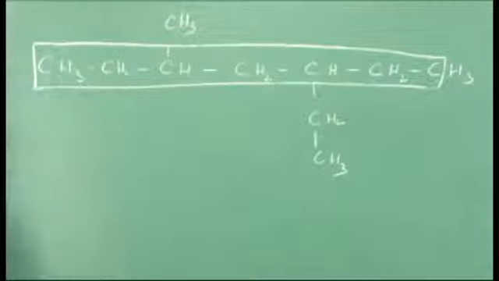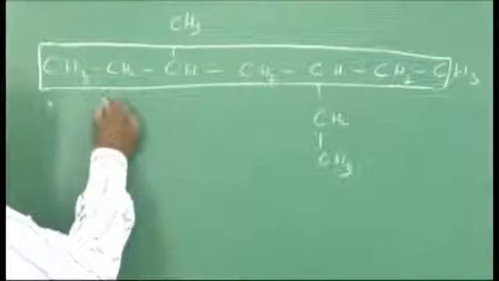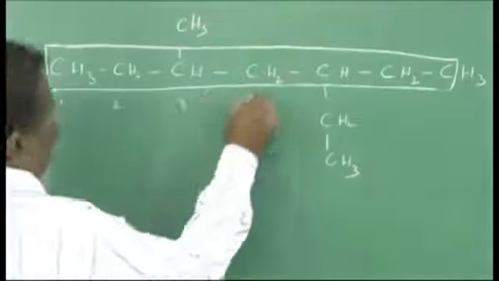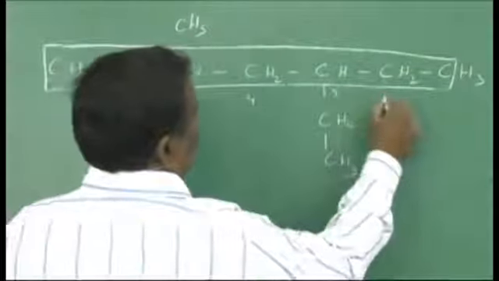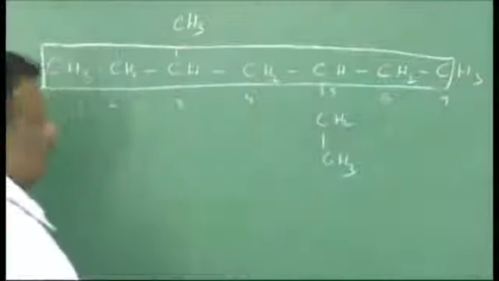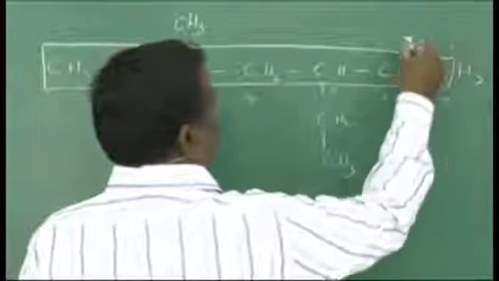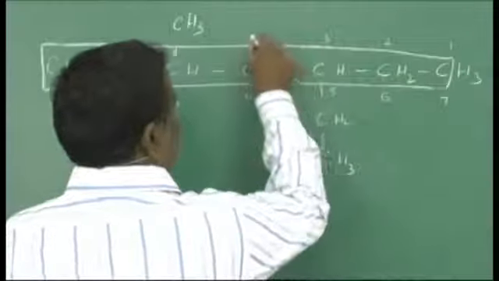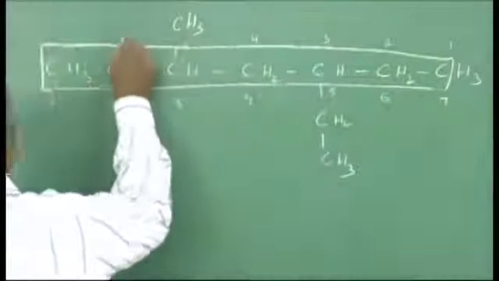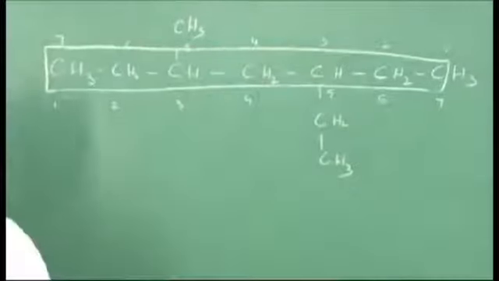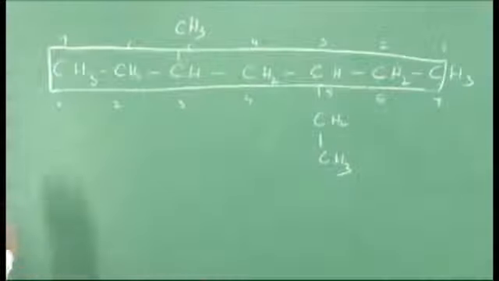Now, if I give numbers from this side, 1, 2, 3, 4, 5, 6, 7, and from this side also 1, 2, 3, 4, 5, 6, 7, there are two methods for numbering, and we can use either.